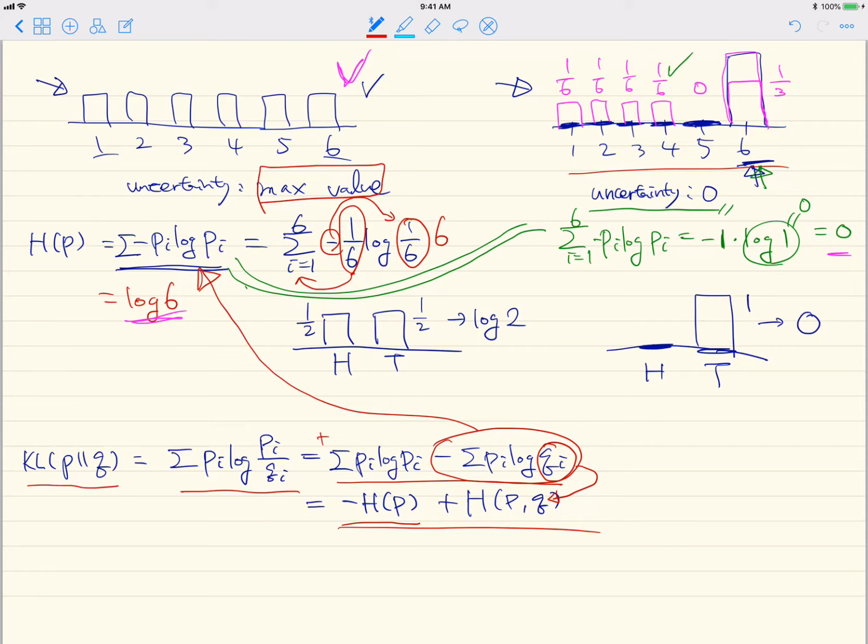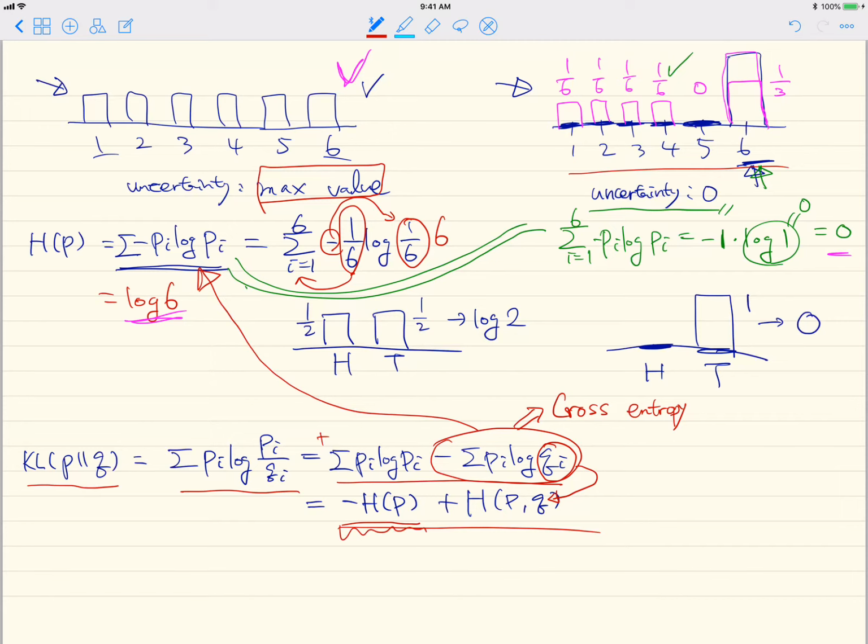So this is actually called the cross entropy, because we are measuring the entropy between two probability distributions by mixing the two together in the original definition of the entropy.